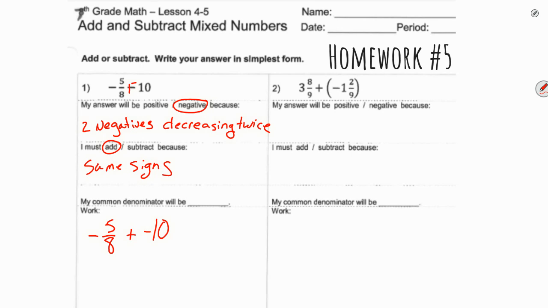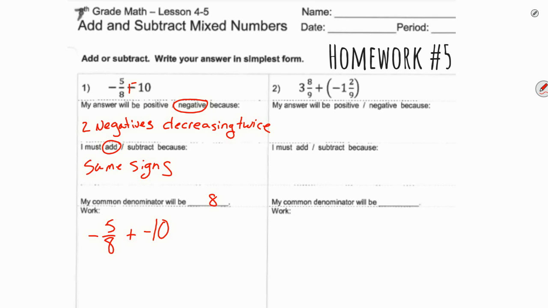What will my common denominator be? Well, we don't really need to worry about that. We have a whole number and a fraction that we're adding together. Now you can change your whole number so that you have a mixed number, both with the 8 on the bottom for your denominator, but we really don't.